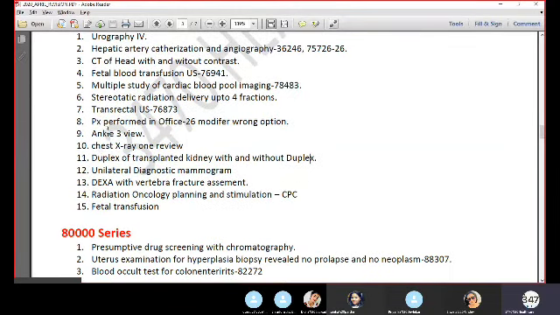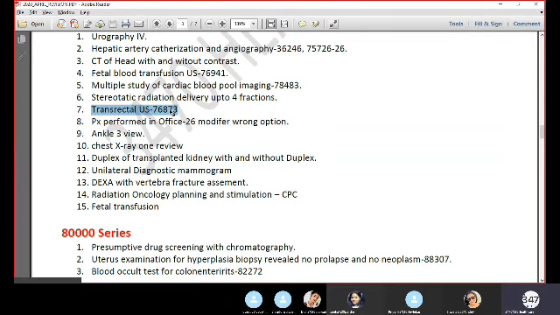So next one is this one. What is the question? Ultrasound guidance for transrectal ultrasound, prostate volume study for brachytherapy treatment planning.